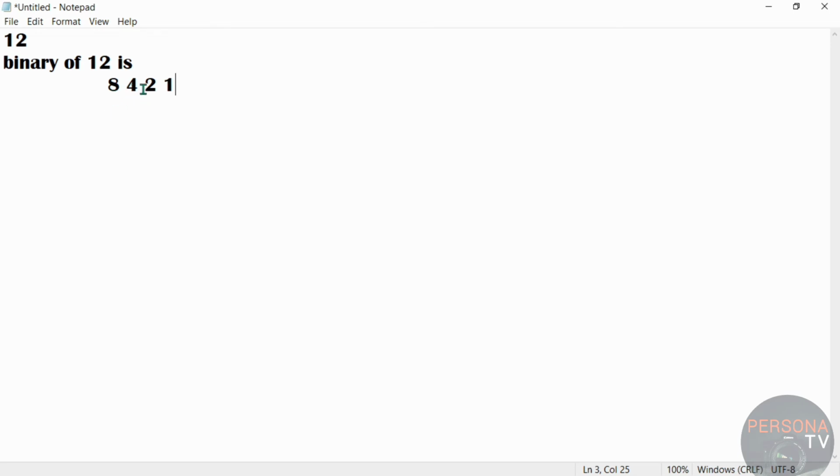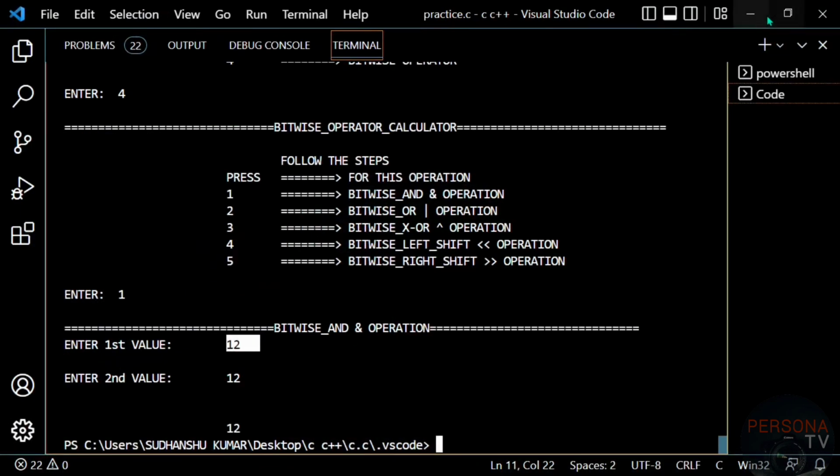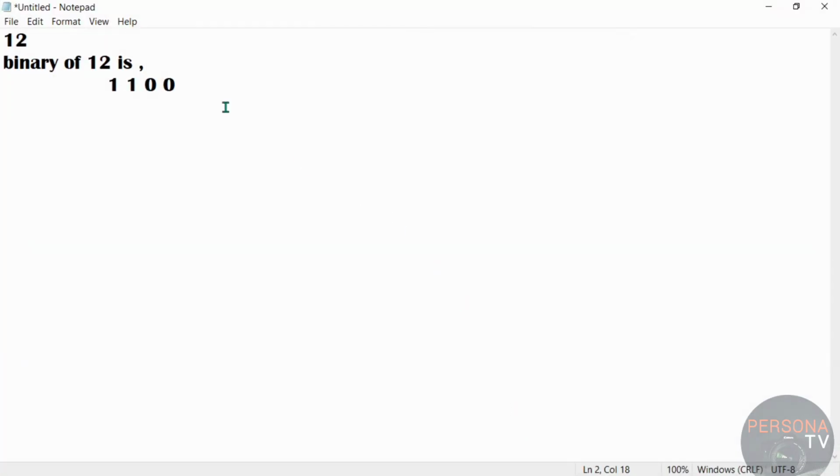It means the binary of 12 is 1, 1, 0, 0. Again, I have chosen the second value as 12 also. So the binary of 12 is 1, 1, 0, 0.